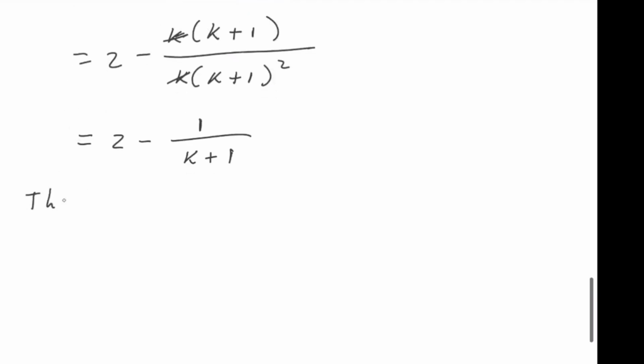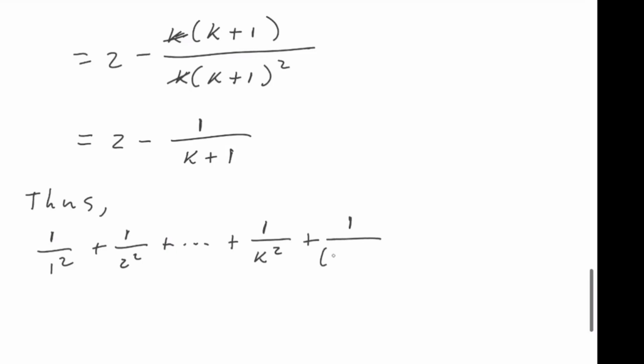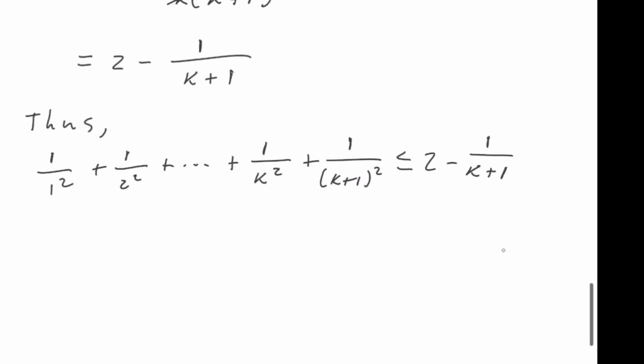Thus, we have 1 over 1 squared plus 1 over 2 squared plus dot dot dot plus 1 over k squared plus 1 over k plus 1 squared is less than or equal to 2 minus 1 over k plus 1.